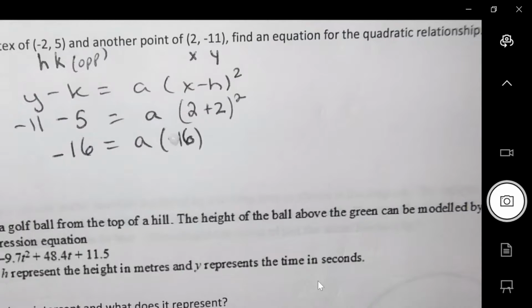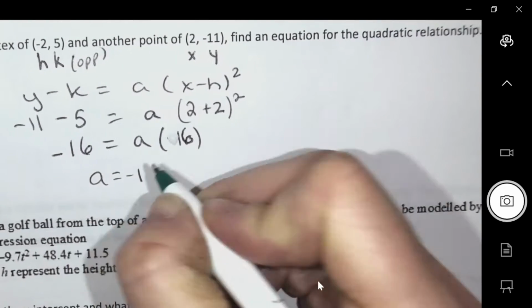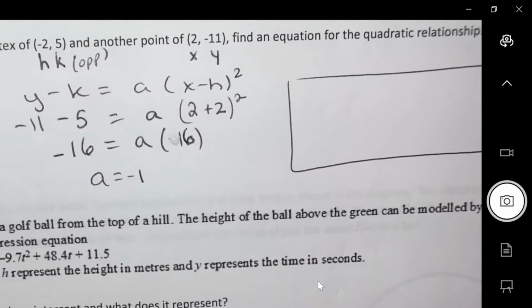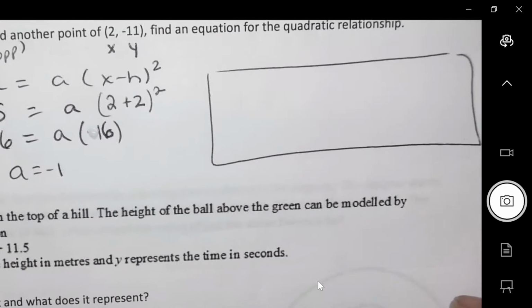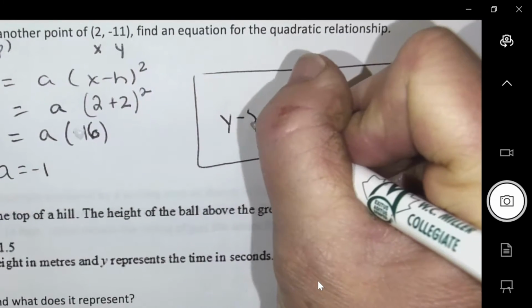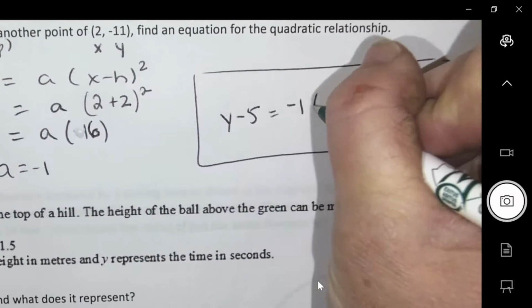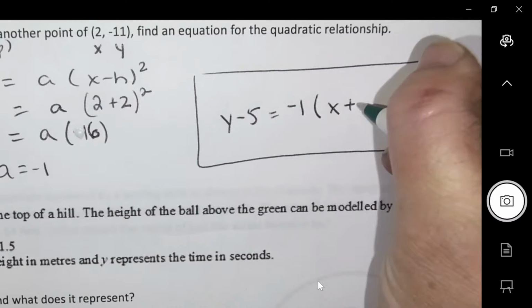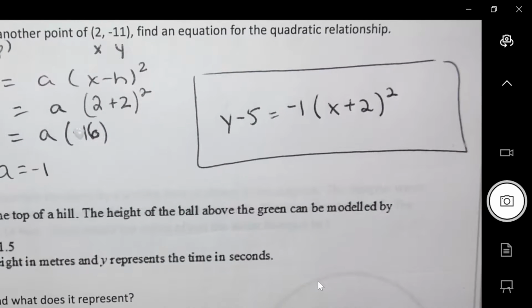Therefore, A is going to be -1. So how do I write my final? Y minus 5 equals -1 x plus 2 squared. Again, all the info except for the x and y are left open.